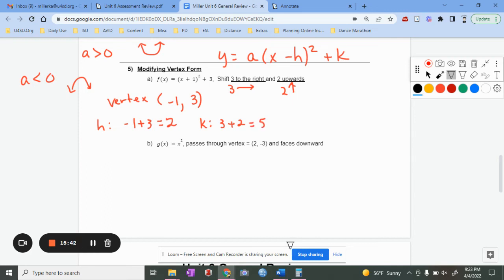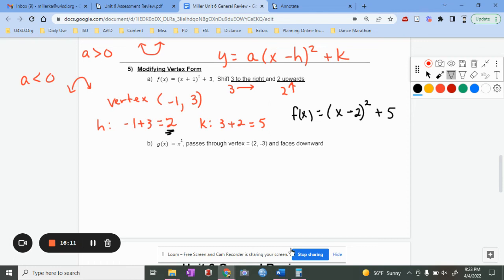So then my new function, f of x, equals x, this is positive 2, so minus 2, squared plus 5. So we look at those changes. How do I need to change the h value and the k value so it fits the new situation?